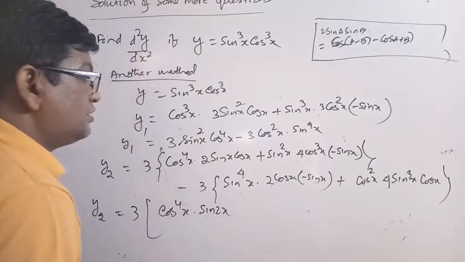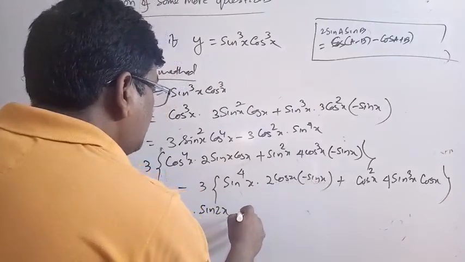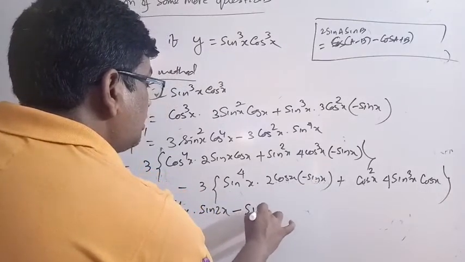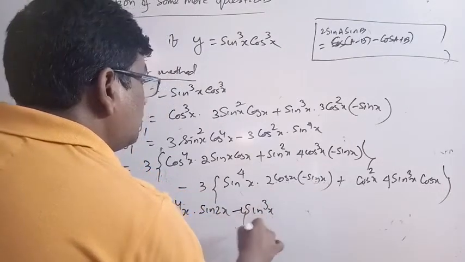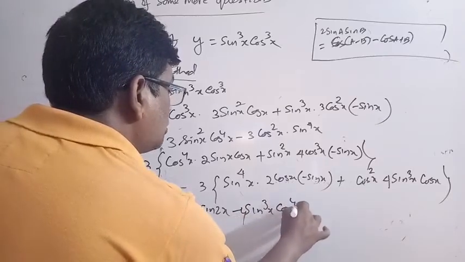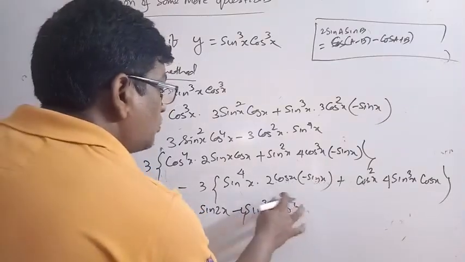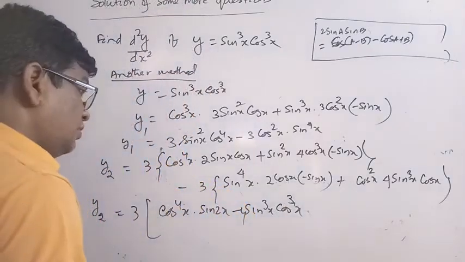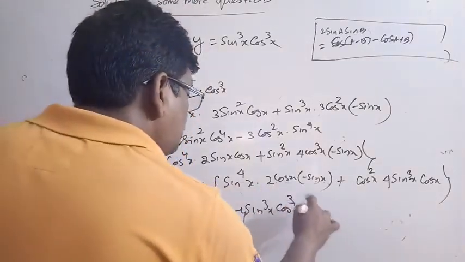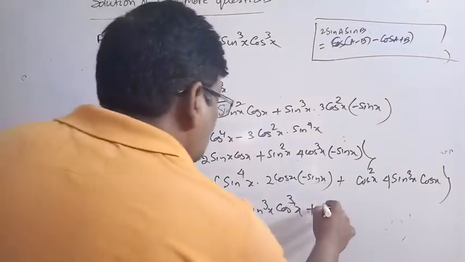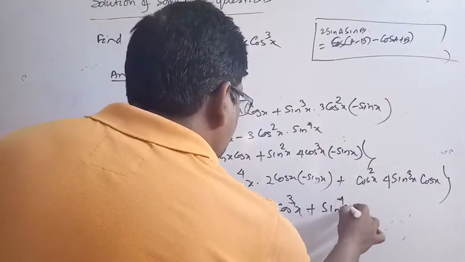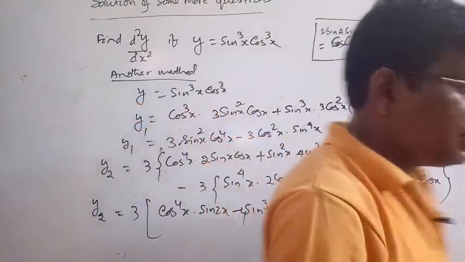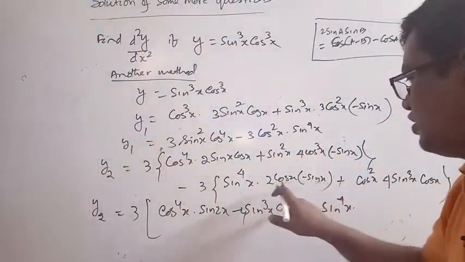And here, minus sin 3x, 4 into cos 3x, and 4 cos 3x here, and minus here, 3 common. This is minus plus, and what is sin 4x into this minus plus?